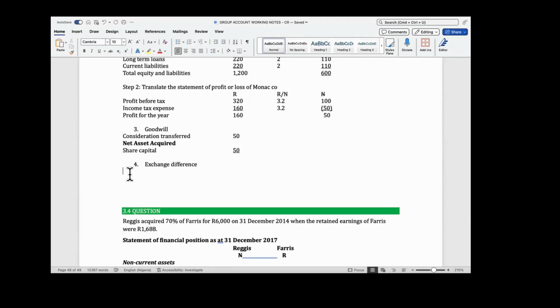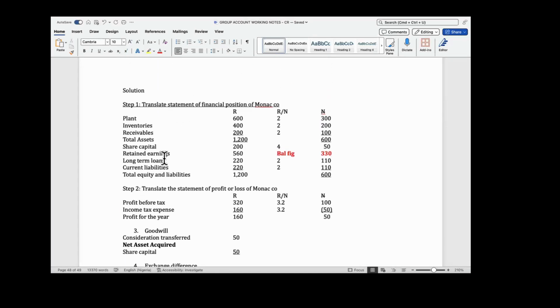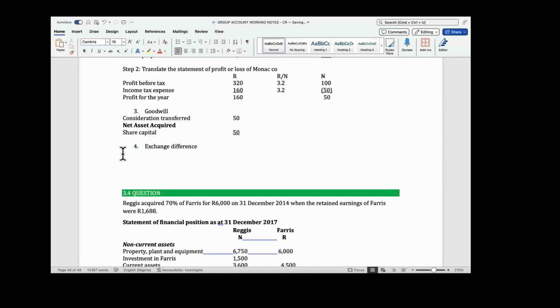There are different ways of doing that. I will show you 2 ways. One way is to look at this post-acquisition retained earnings that we have. It won't work. So there will be only one way that we can use here, which is determining my opening net assets.